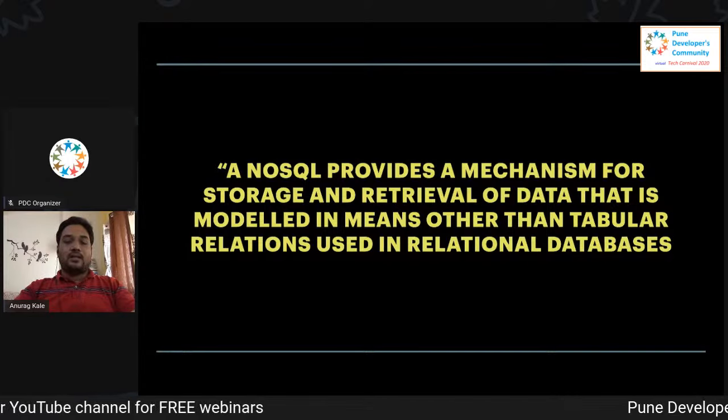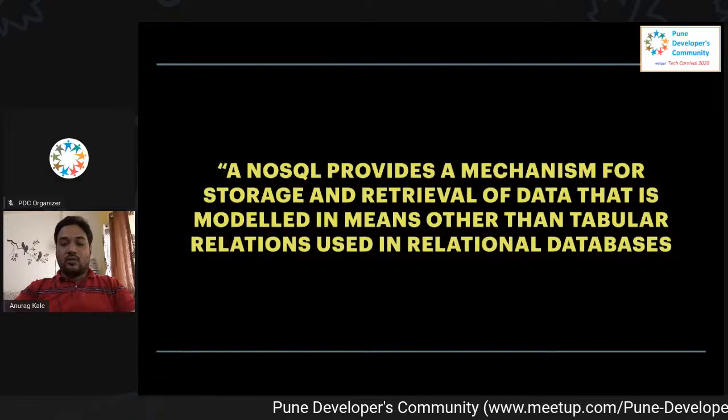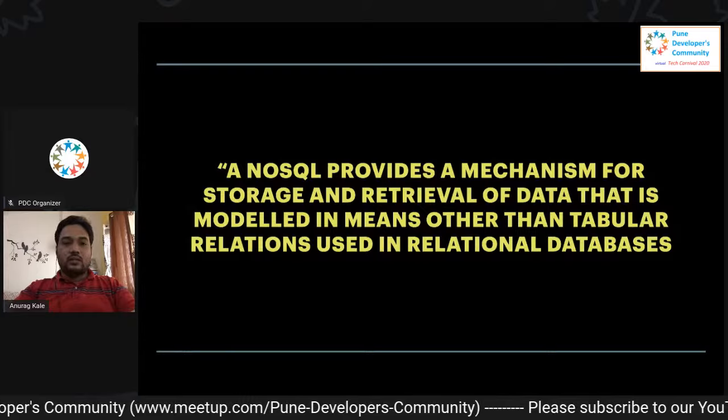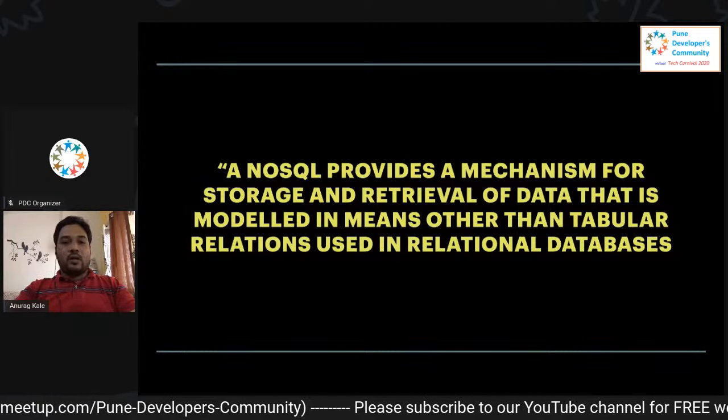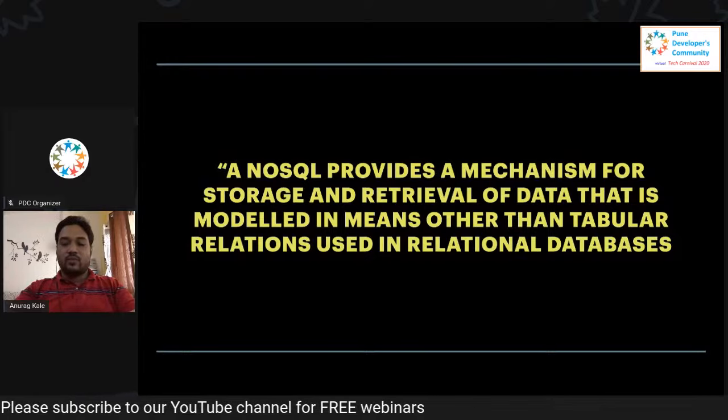NoSQL, as an acronym, stands for not only SQL. It's a kind of marketing jargon which says that it not only has SQL capabilities, but it has something more as well.